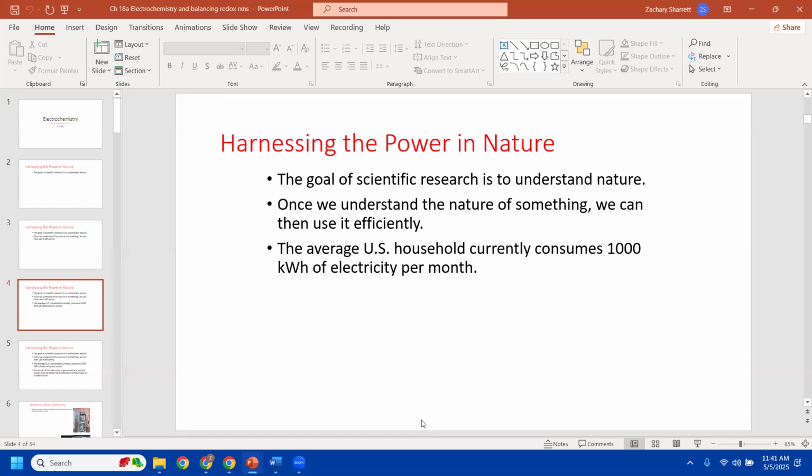The average US household currently consumes 1,000 kilowatt hours of electricity per month. That's pretty relative. I guess it does say US. If you go to Sri Lanka, it's probably like 50 kilowatt hours of electricity per month, right? My buddy lives out there and he's telling me how they don't have hot water. They just shut off their electricity for 2 days at a time.